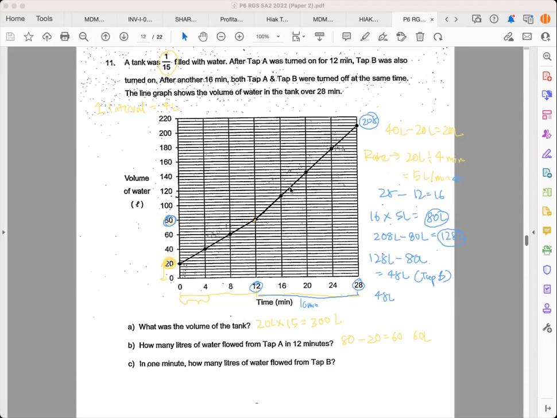So divide by 16, I get 3 liters per minute. So the answer to part C, in 1 minute, how many liters of water flowed from tap B? The answer is 3 liters. Okay, let's look at question number 12.